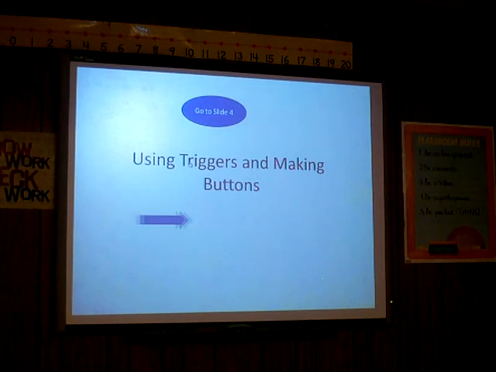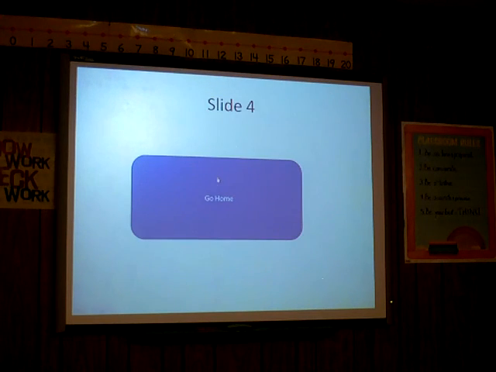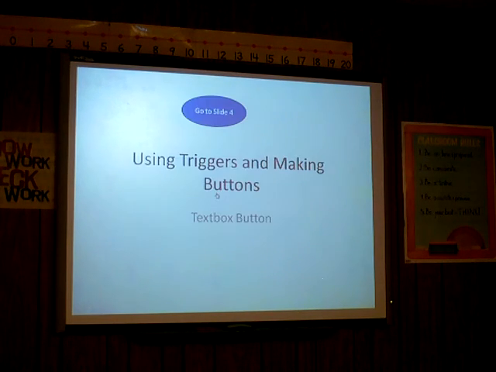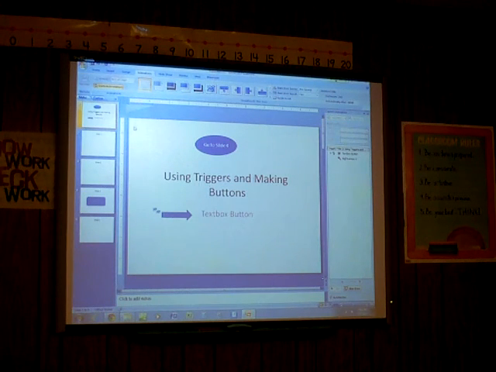But we have different triggers for animations, and those can trigger more than one animation at a time. We have buttons to go from slide to slide. And then we have the ability to lock it down so slides will not advance when we accidentally click somewhere other than a button. Does anyone have any questions about how we're doing this?